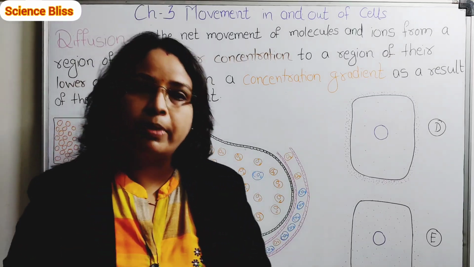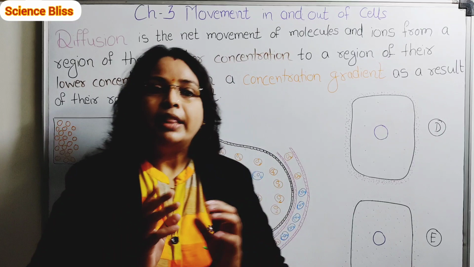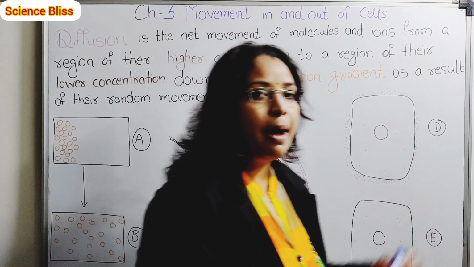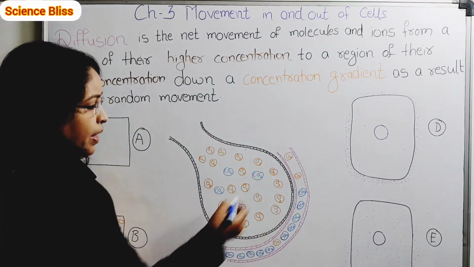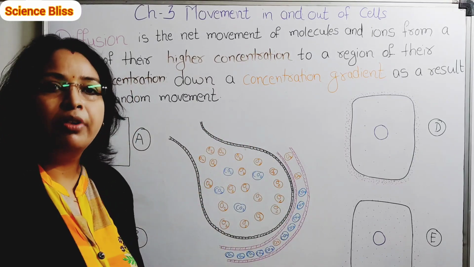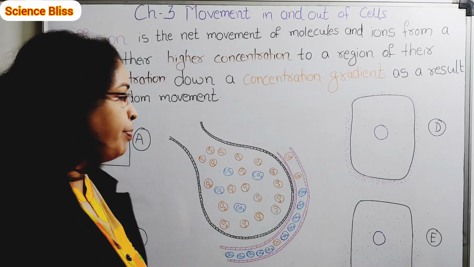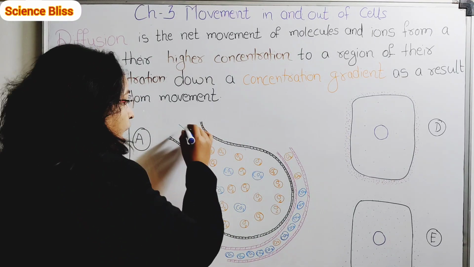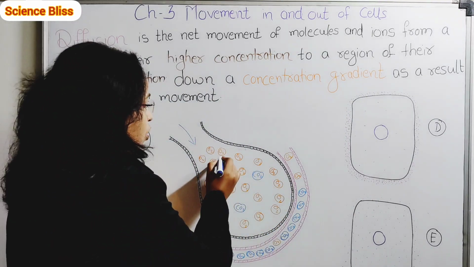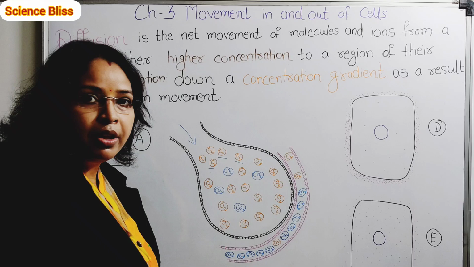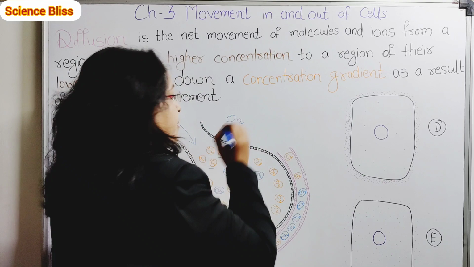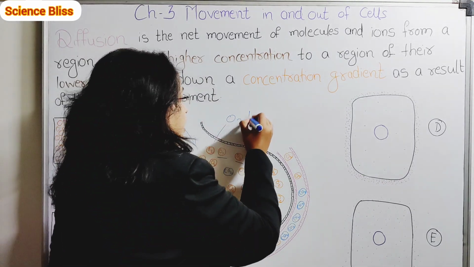When we talk about the human body, there are a number of examples that follow diffusion. We'll take one very small example of an alveolus, and this is a capillary. This oval structure is the unit of our respiratory system, that is the alveoli. As we can see, the air which we have inhaled has a higher concentration of oxygen molecules, so the concentration of oxygen inside the alveoli is higher.